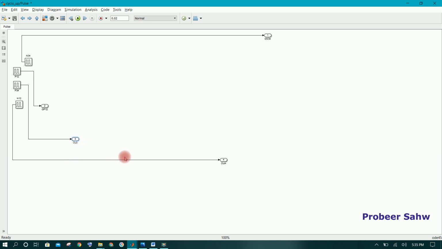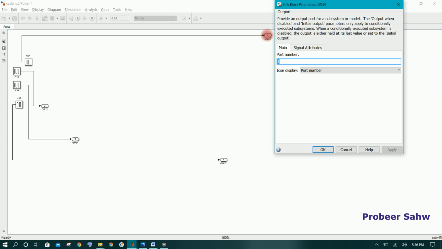Also rename this to GP34 and this to GN12. And if we click on this, we can also change the port number according to our requirement.